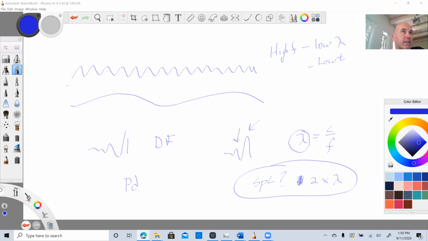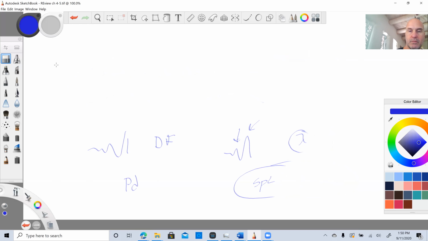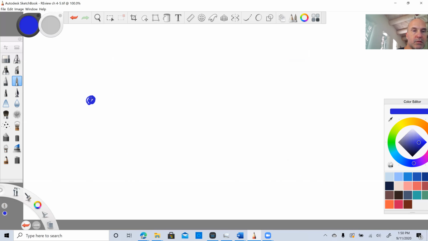Oh, of course, now we get into chapter 5, the intensities, right? There's spatial intensities, temporal intensities. Remember, a spatial intensity, that's not too bad, actually.